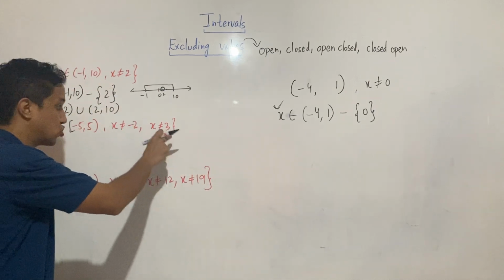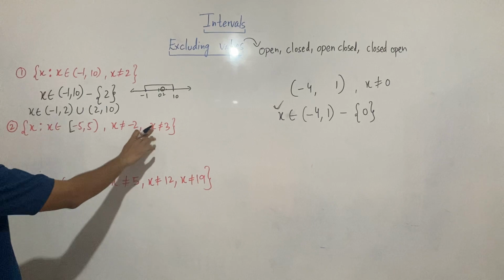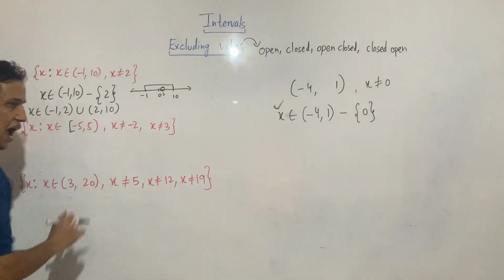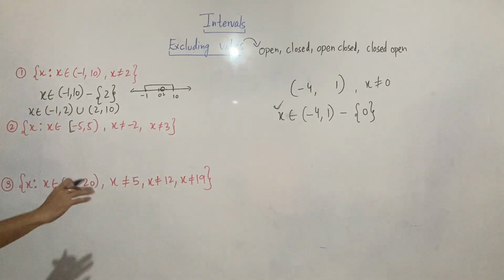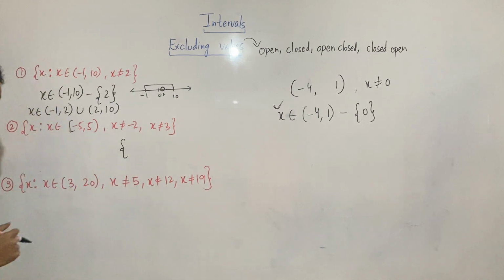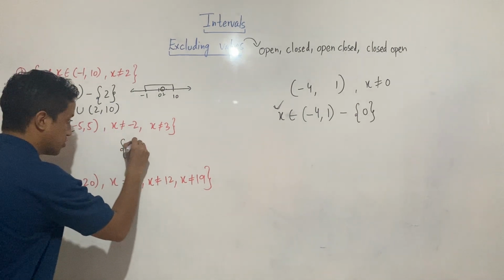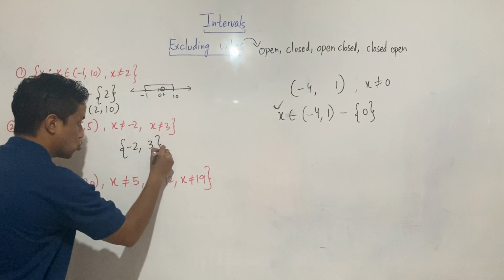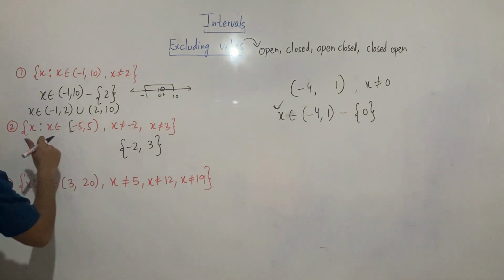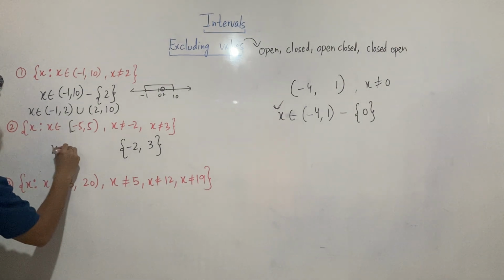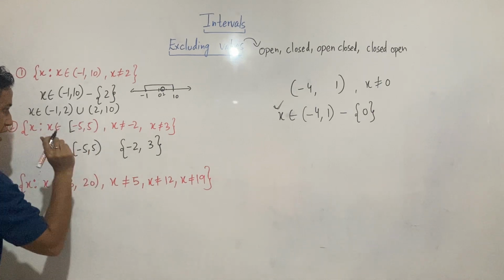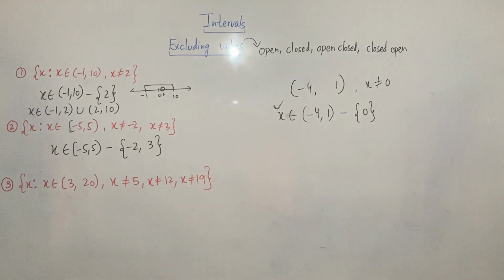Because we have to exclude these values, I will represent these two values in the form of a set. So here x belongs to [-5, 5] minus {-2, 3}. Simple.